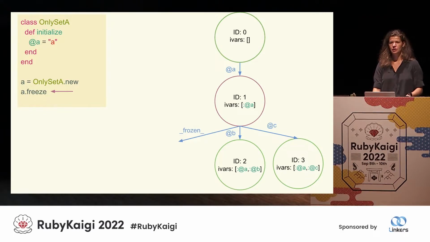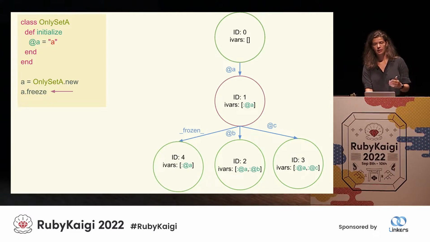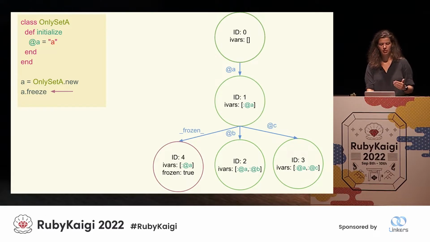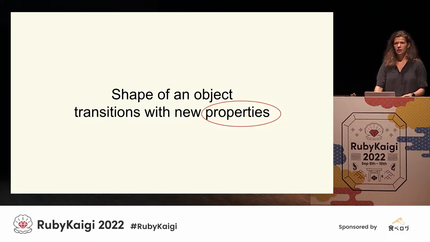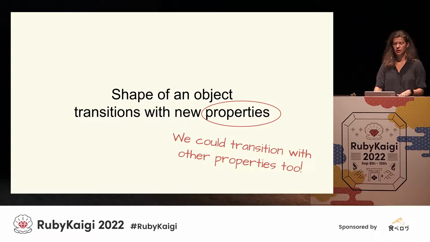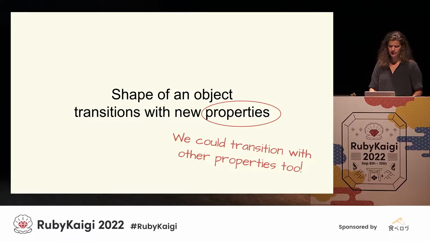So we'll have an edge that's frozen, and we'll transition to a new shape. The ivar is only A, but frozen is true, and we'll make that transition. And another thing to note is we could also transition with other properties, and we'll discuss this a little more. So right now we transition with instance variables and frozen, but we could transition with even more properties.